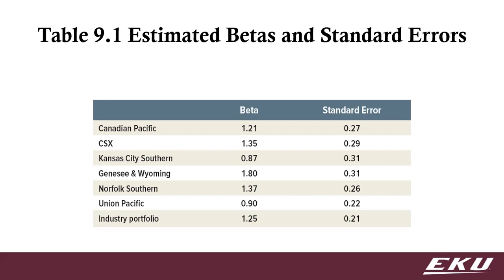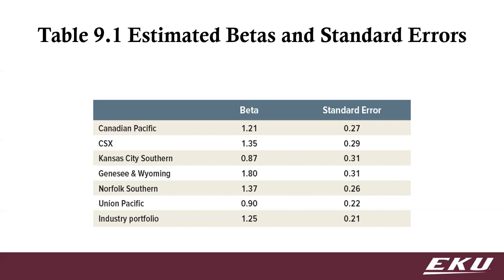So in this particular case, these are all railroads of different sizes. Canadian Pacific is not within the United States. CSXT, Norfolk Southern, Union Pacific are all the major railroads, the class 1, I think it is.